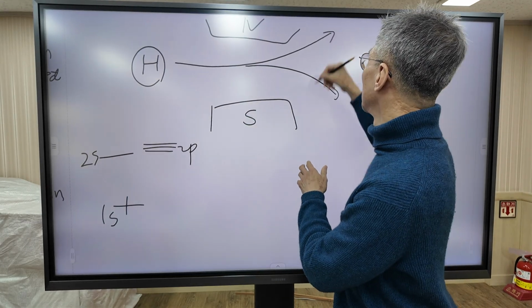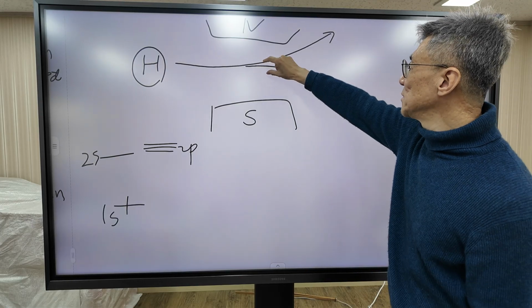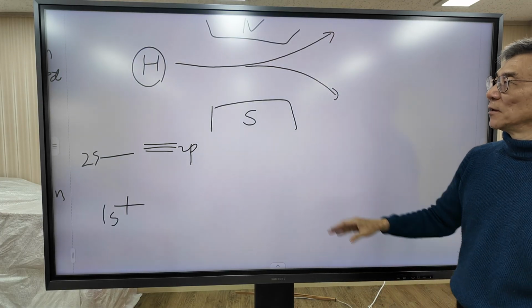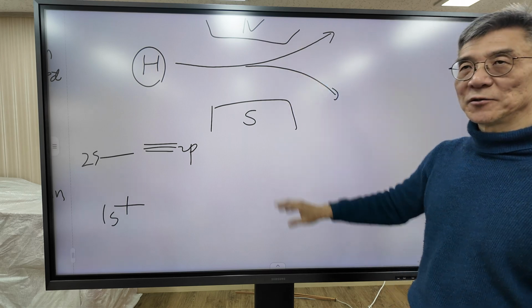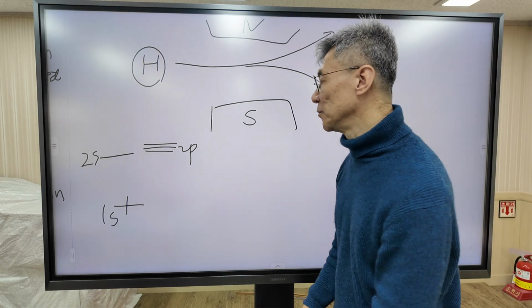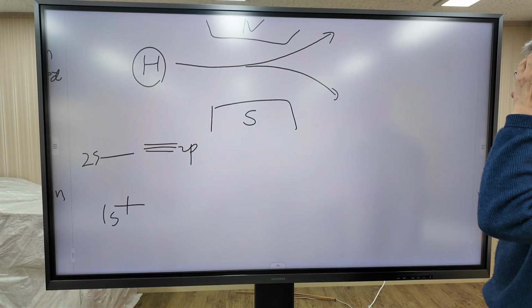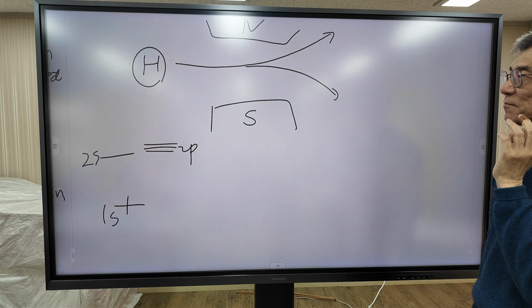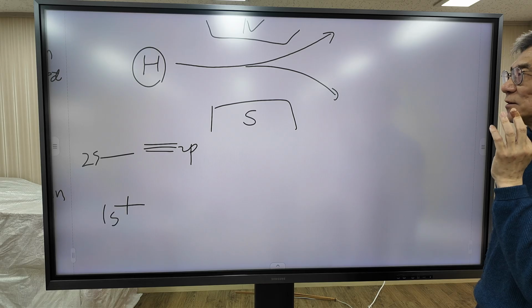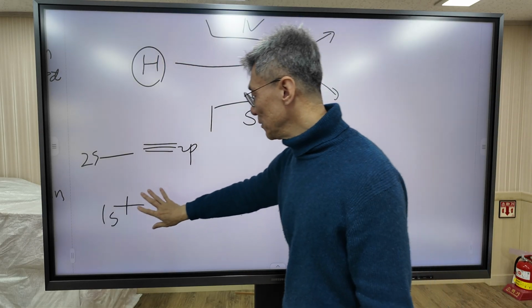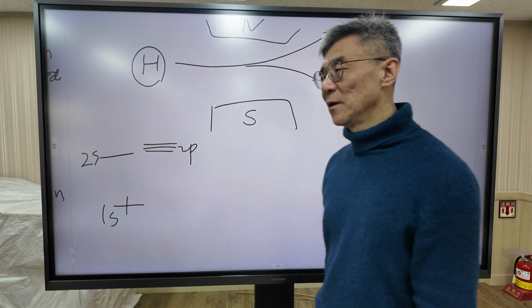But according to the actual experiment, the beam splits into 2 paths. So this cannot be explained using 3 quantum numbers. Then how to explain this? The first striking result is that the hydrogen atom is split even though it has no angular momentum.